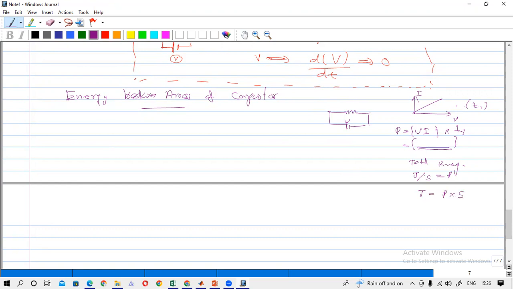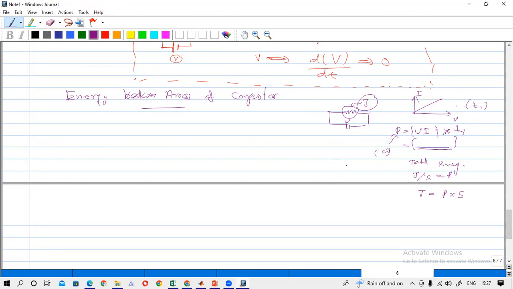Then the energy is equal to power times time. You have some power, that is VI, and you give that power for a duration T1. So the total energy dissipated through this resistor will be VIT1. It is measured in joules. Power is measured in watts.